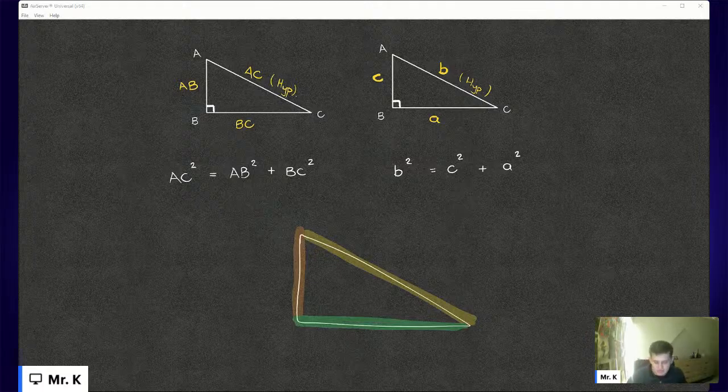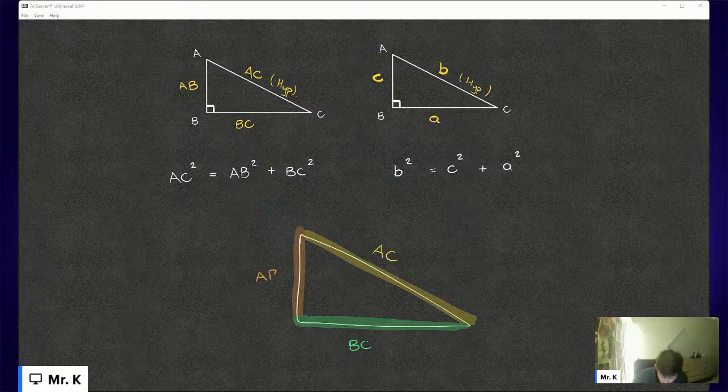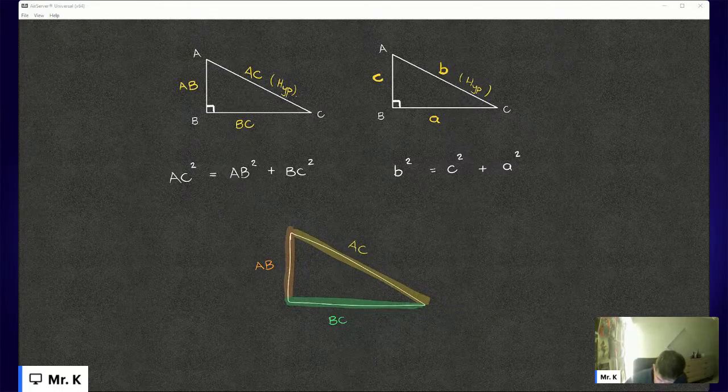So looking at these three different colors over here that we have on the triangle, this suggests to us that we could have three different variations. And again, I'm going to label this side over here AC, right? We know that the bottom is BC and the left-hand side is AB. Right, we still have the same sides as we did over here.